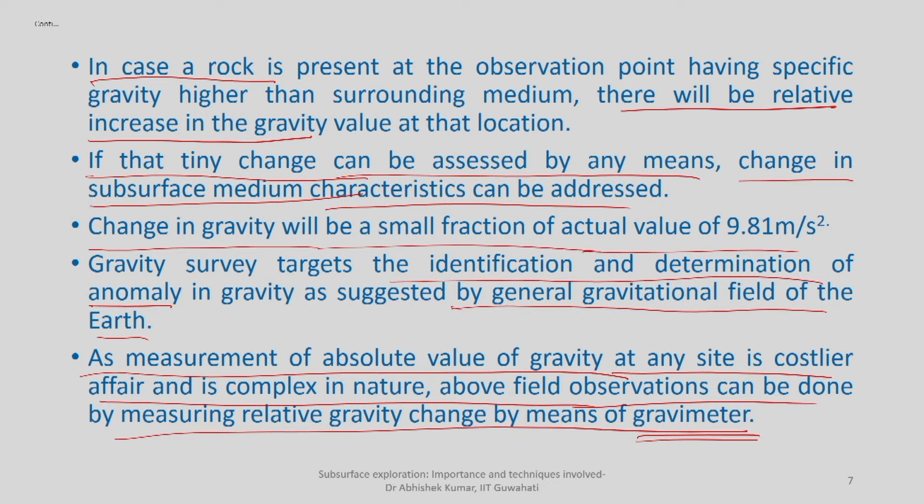We can divide the entire area into a number of grids, and then conduct the gravity survey at each of these grids, and whatever observations we make, we have to process in order to understand the subsurface medium change particularly. To give you a better idea, like this is a homogeneous medium.